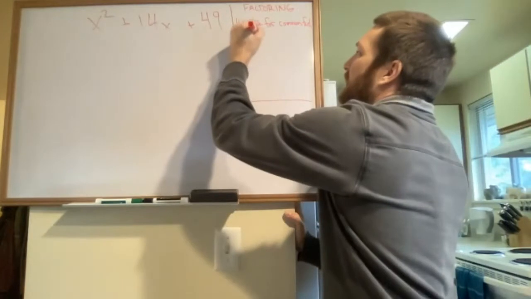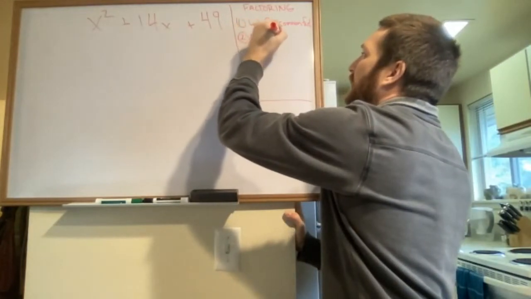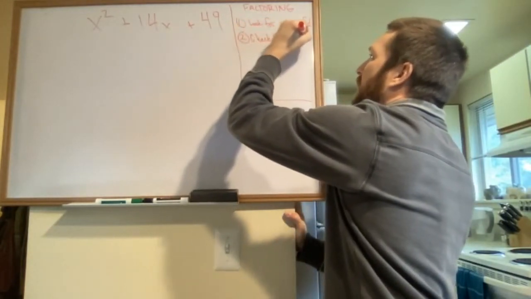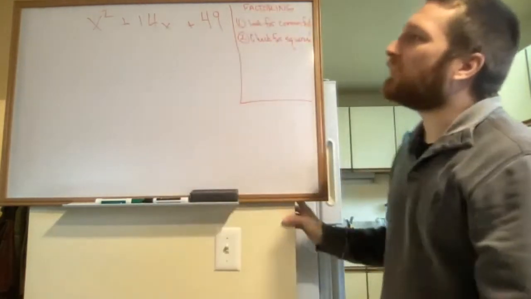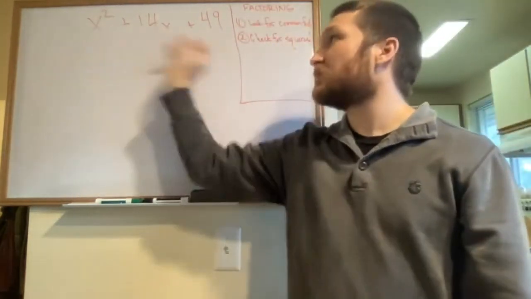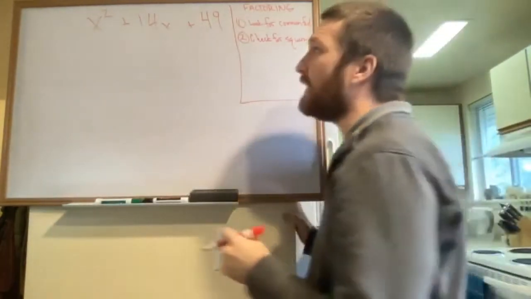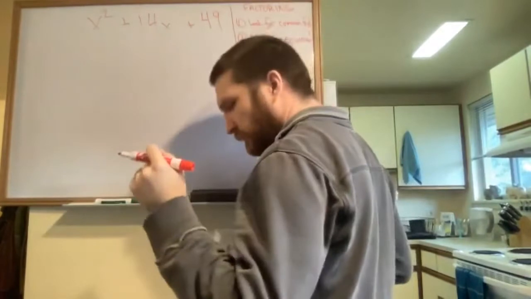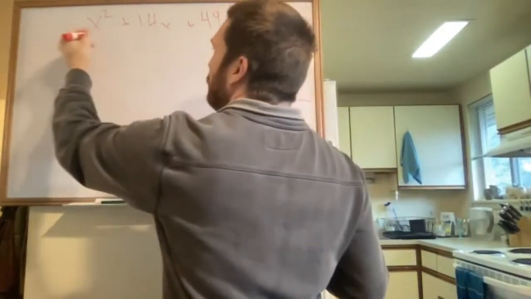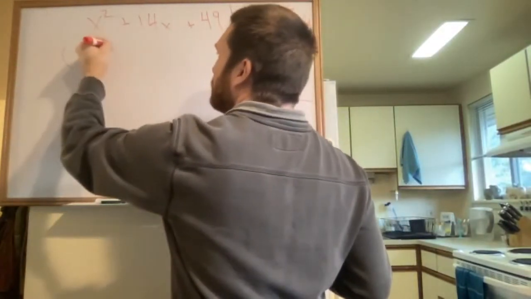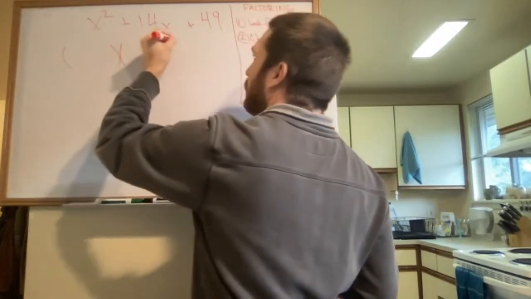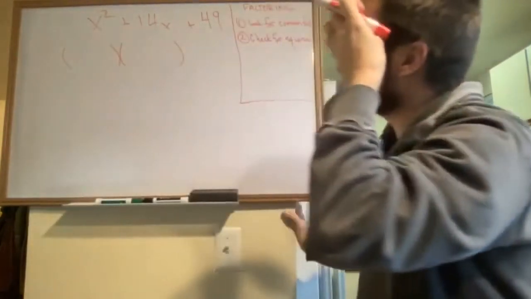Now, check for squares. In this case, when you're talking about squares, this is something squared. We're thinking this should be a square of some sort. And really, what we're trying to do is unfoil this, right?